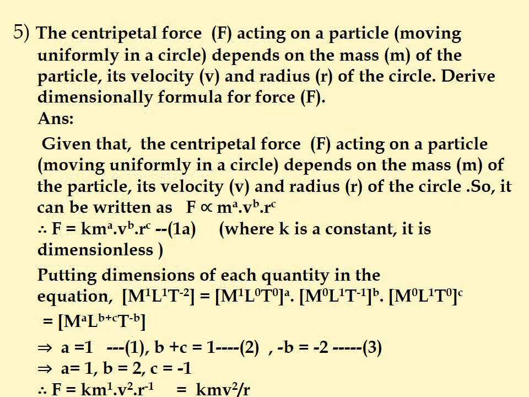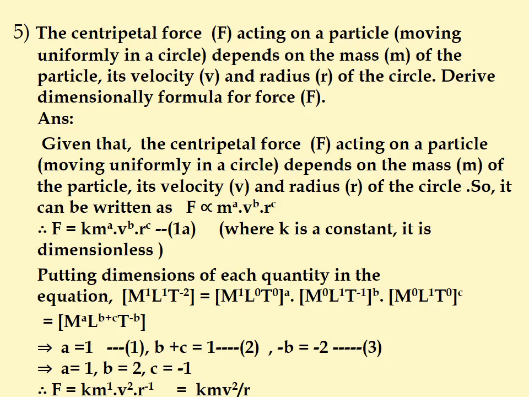Fifth question is, the centripetal force F acting on a particle which is moving uniformly in a circle depends on the mass m of the particle, its velocity v and radius r of the circle.